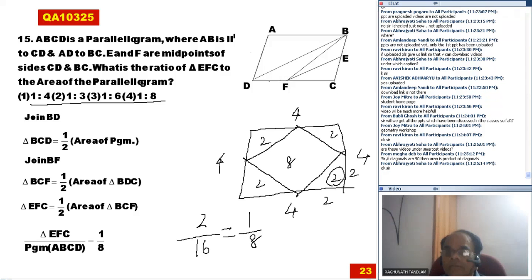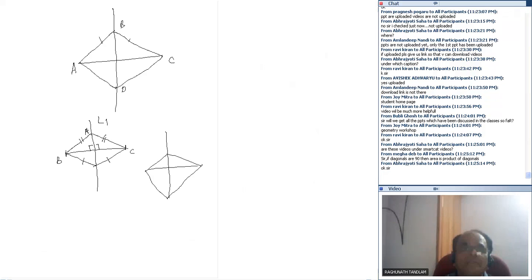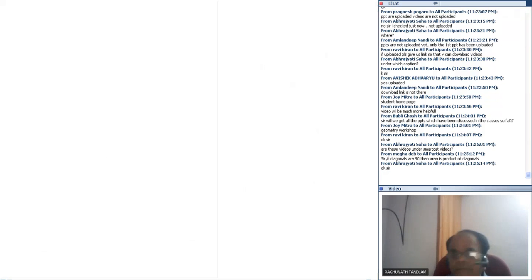Yeah, Megadev, yes. If the diagonals in a quadrilateral are perpendicular to each other, then the area is half the product of the diagonals. Remember, that's how it goes. Let's say I have a quadrilateral where diagonals are perpendicular. This is the diagonals. This is my quadrilateral.